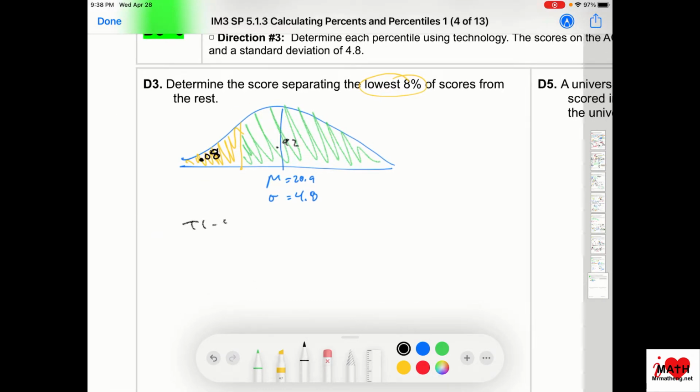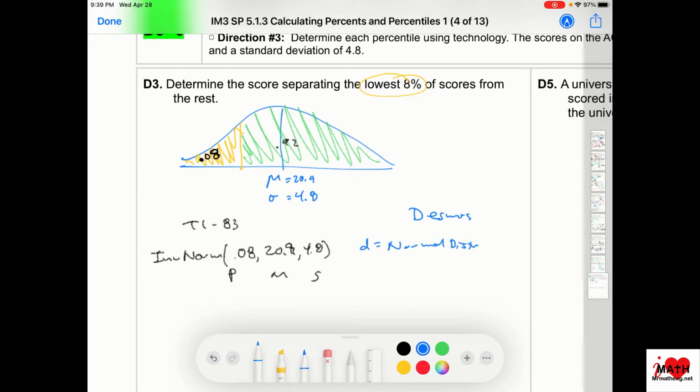So for our TI83, we're going to get inverse norm, and we got PMS, so 0.08, 20.9, and 4.8. And for Desmos, we're going to have to write normal distribution.